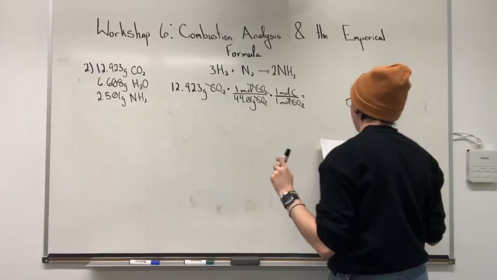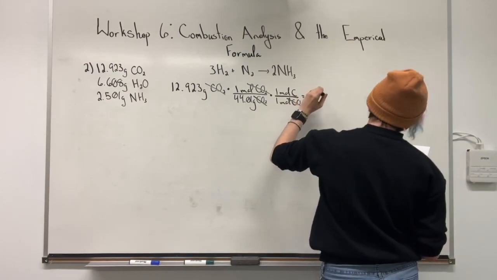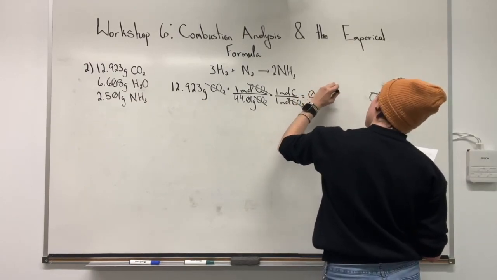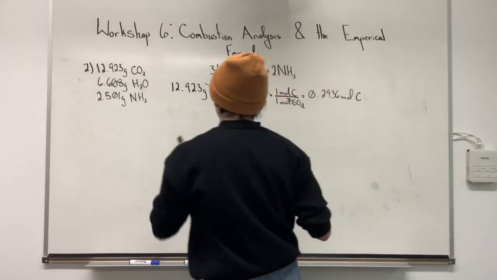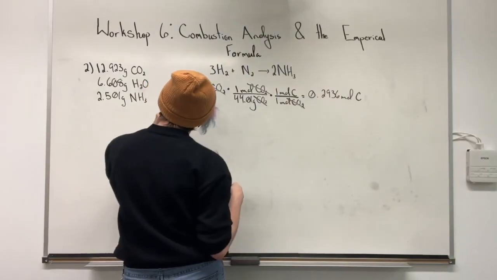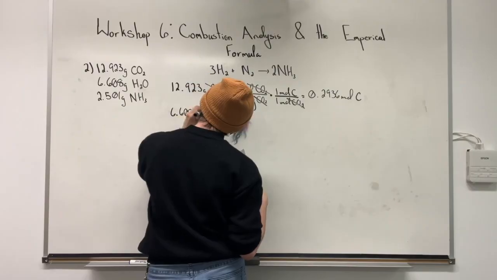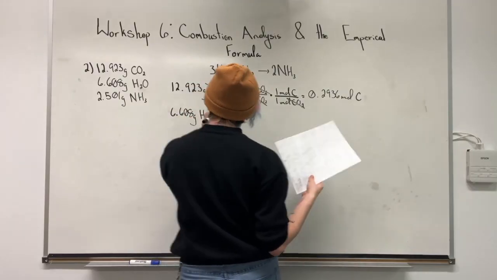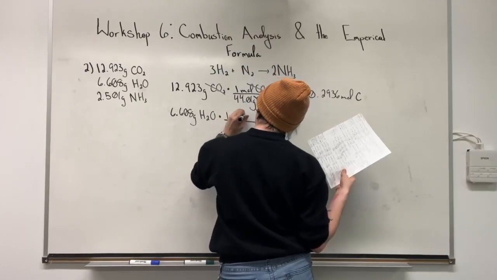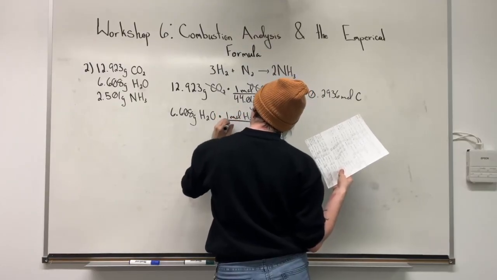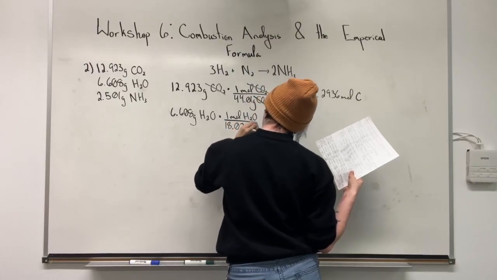And so 12.923 grams of carbon dioxide is produced by 0.2936 moles of carbon. Now we have 6.608 grams of water. We want to convert this into moles. So 1 mole of water per 18.02 grams of water.